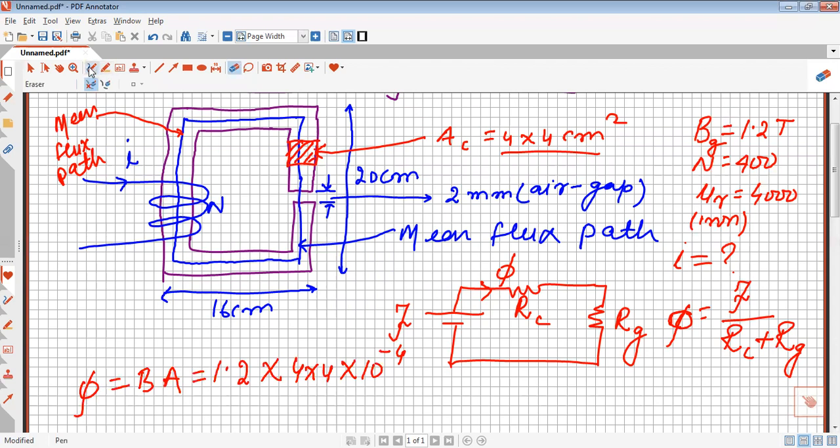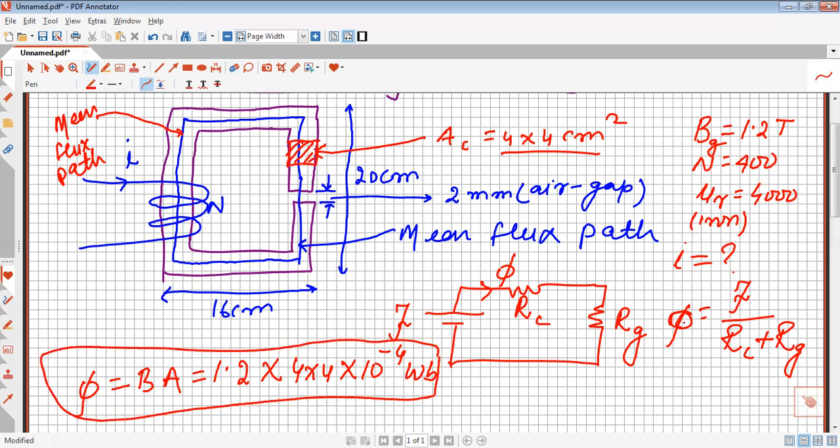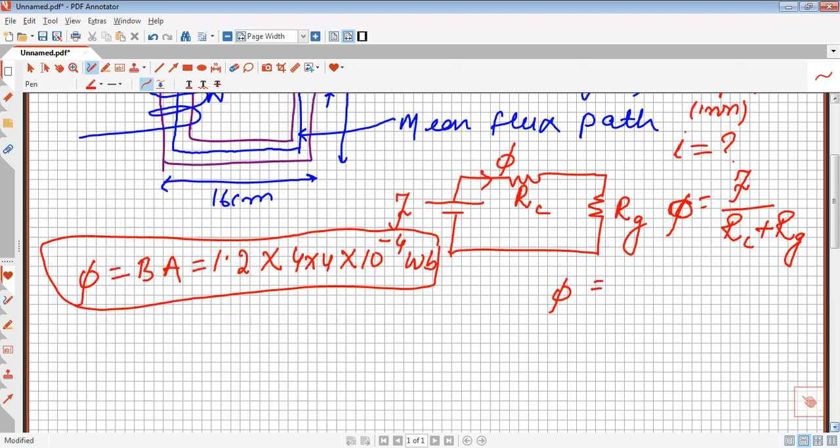So our flux is now known, and it will be in Weber. MMF is the number of turns multiplied by the current, and the number of turns is known. So we can write flux equals number of turns multiplied by current divided by the reluctance of the core plus the reluctance of the gap.